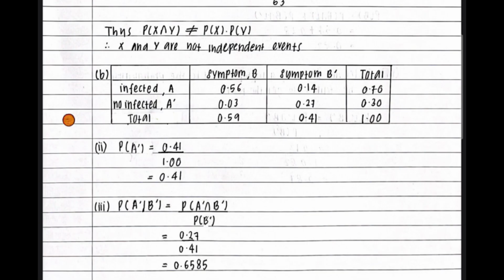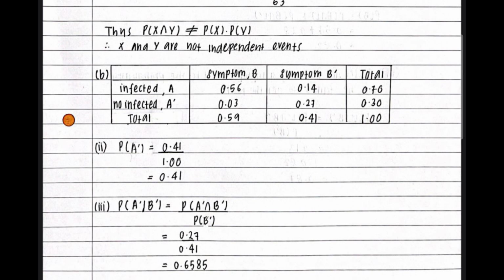For question 3B1, we first need to create a table of 4 by 4 as shown in the slide. First, for people with symptom B, the probability of infected A is 0.56 and the probability for non-infected A prime is 0.03. The total probability for people with symptom B is 0.59.